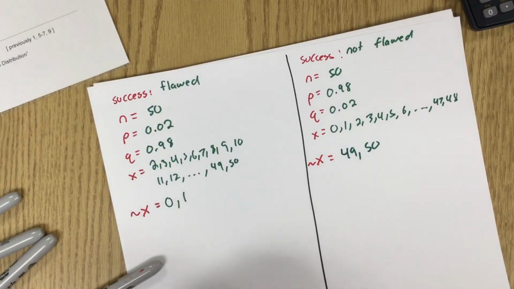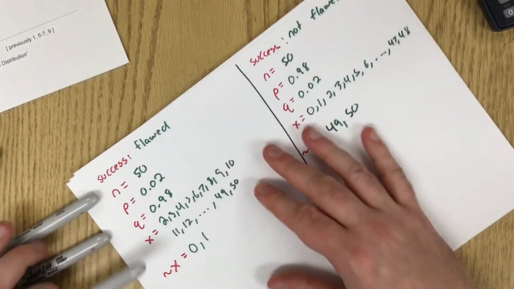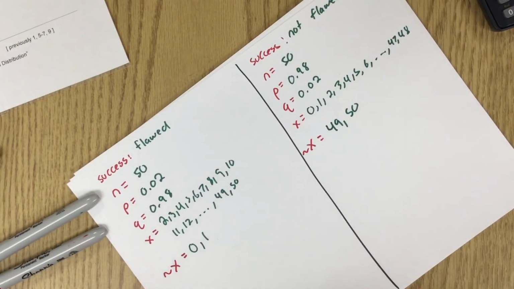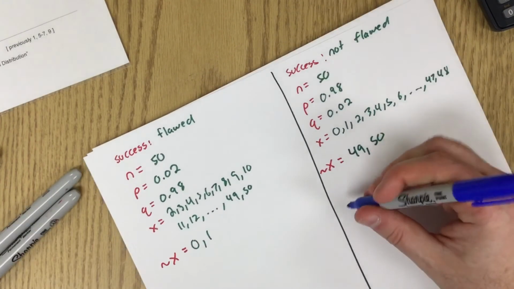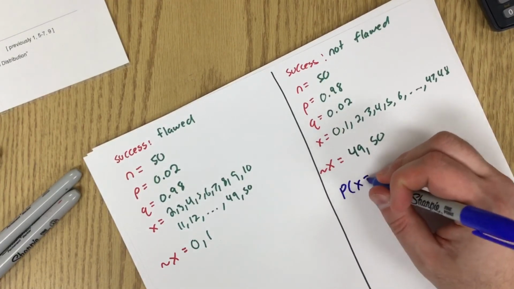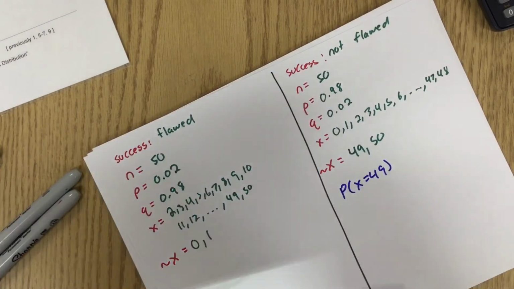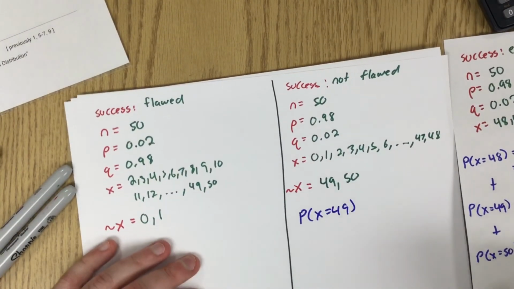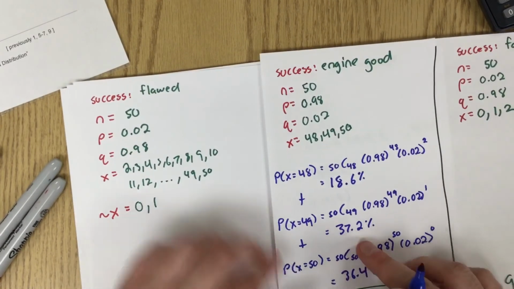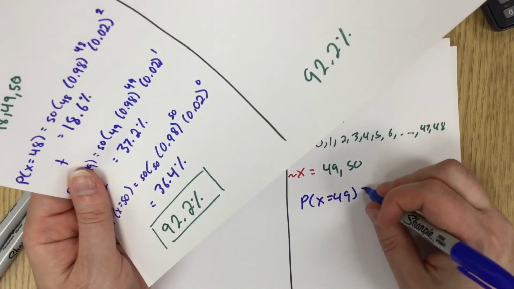And then we could figure that out. For this one over here, the probability that x equals 49, we already did that, didn't we? We did, so we're going to steal that. The probability that x equals 49 was 37.2%.